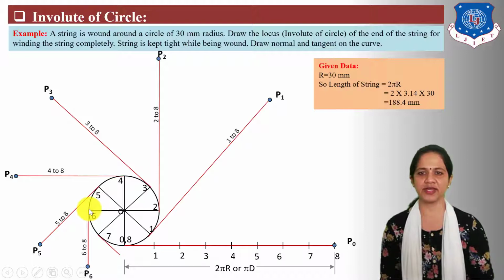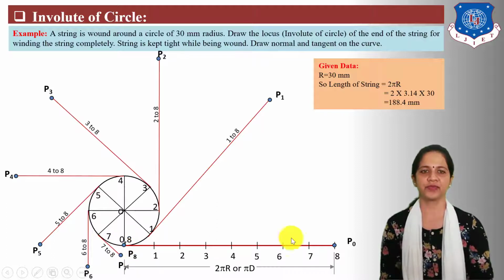The distance 6P6 is equal to 6/8. Next, locate the P7 locus point on the 7th location of the string and take the distance 7P7 equal to 7/8. Next, mark the P8 locus point at the 8 position of the circle.